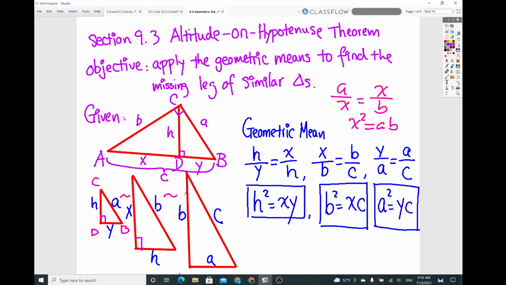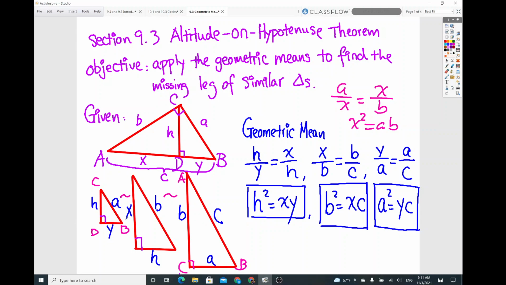The largest triangle is the whole triangle, triangle ABC, with the right angle here. Segment A is the base, B is the height, and C, the sum of X and Y, is the hypotenuse. Proportionality just compares the base, the height, and the hypotenuse.